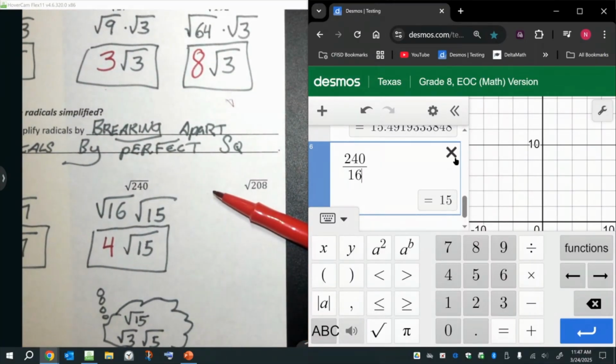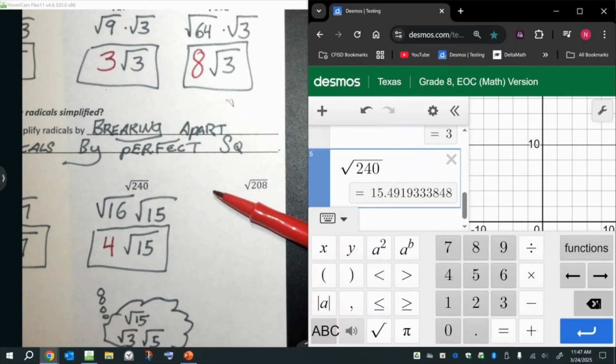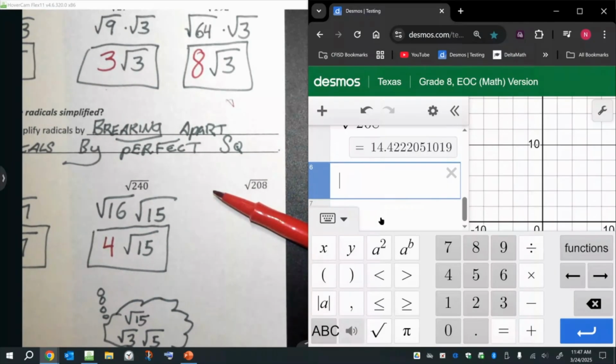208. Is 208 a perfect square? No, it's not a perfect square. All right, so let's take 208 and start dividing it by perfect squares.